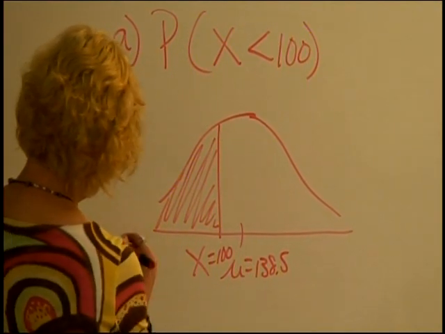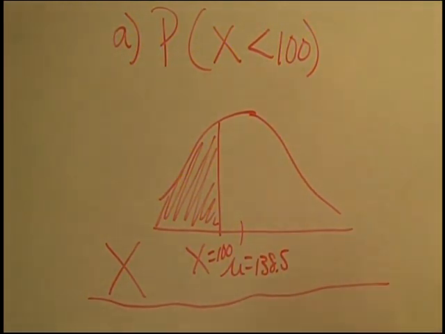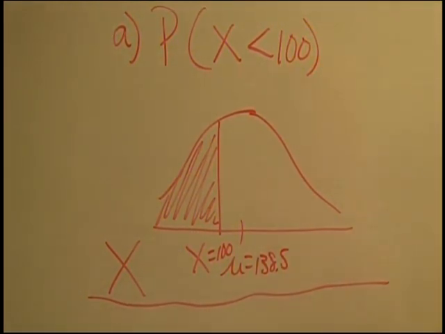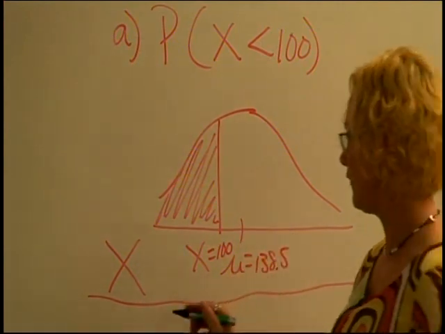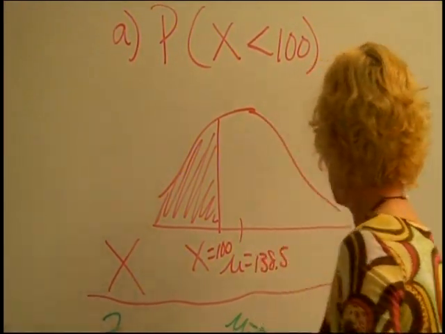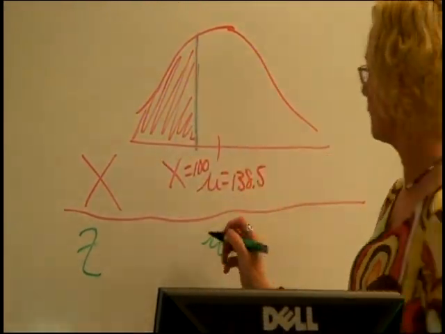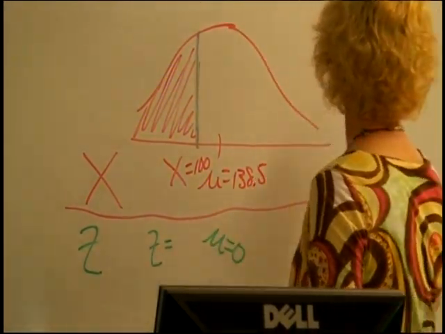Next step would be, remember these are x's. We want to convert those over to z's. We want to take this cutoff value, convert it to a z-score.